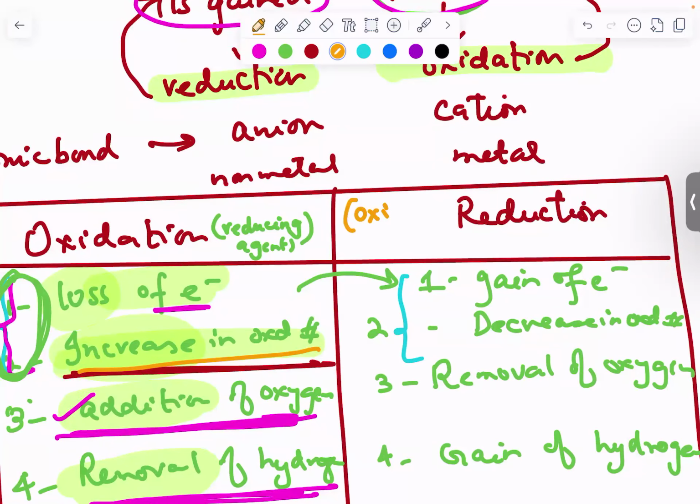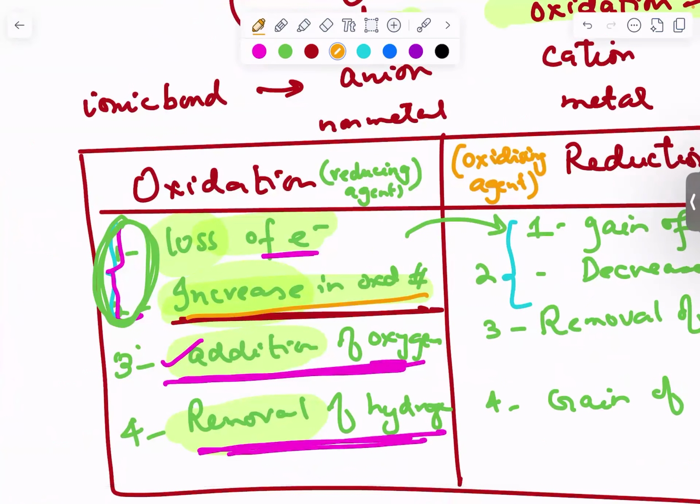So whatever is the definition for oxidation, that is the definition for reducing agent.